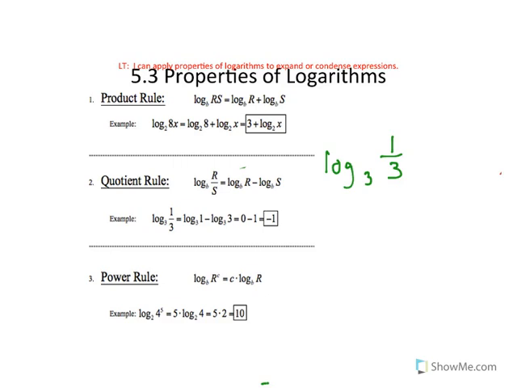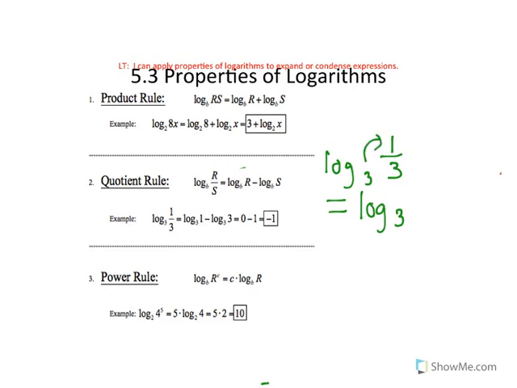Okay? The directions would say I want you to expand this logarithm. Well, what I notice is that I am taking the log of a division, and in my mind I'm thinking, okay, what rule do I know that lets me split up division? The quotient rule, because a quotient is when I divide two numbers or two terms. So I can rewrite and expand this logarithm into two terms as log base 3 of the top number, the numerator.